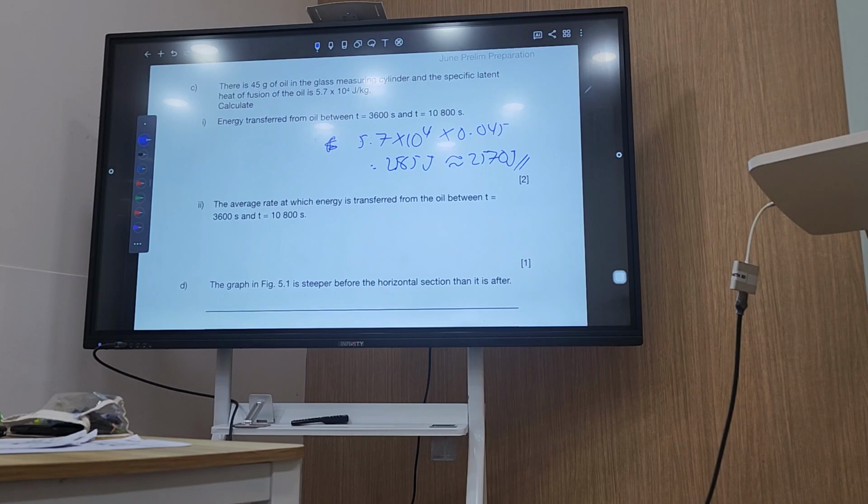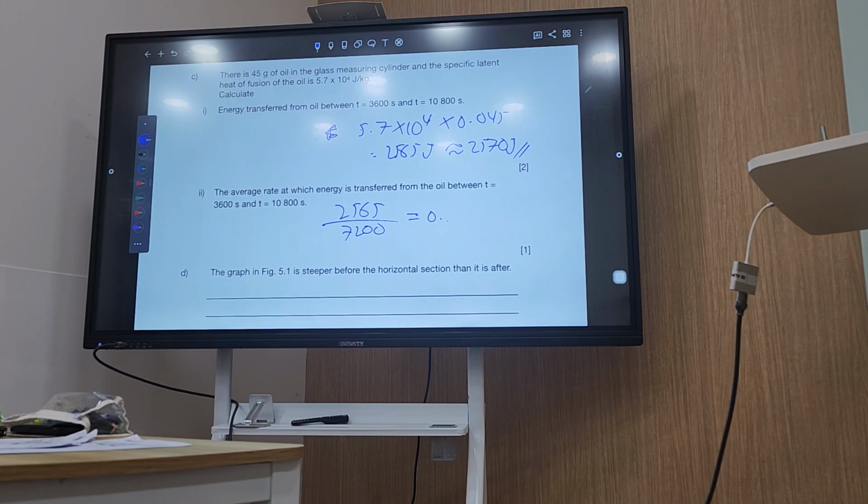For the average rate at which heat is transferred, you have 2565 divided by the time, 10800 minus 3600, which is 7200. Your answer is 0.35625, or 0.356 joules per unit time.